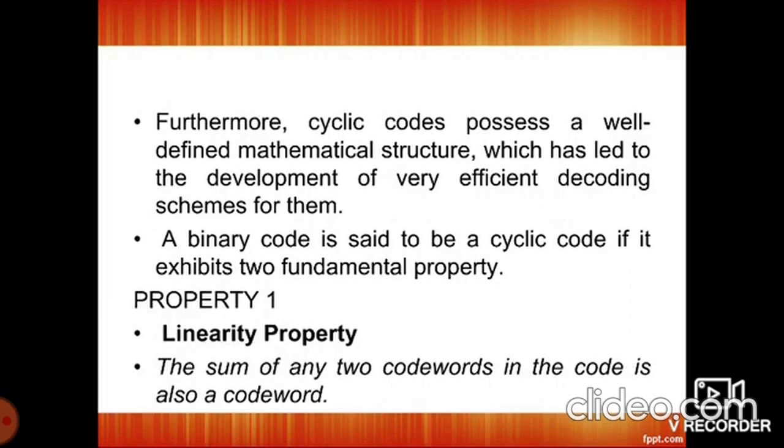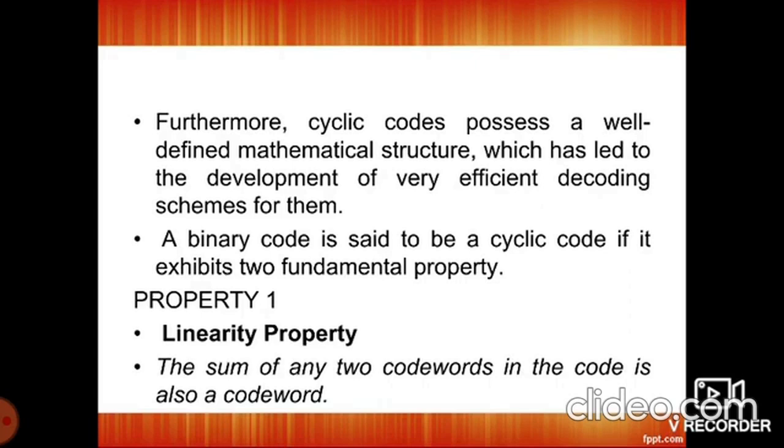Cyclic codes possess a well-defined mathematical structure, because polynomials are used here, which has led to the development of very efficient decoding schemes. We can tell that a binary code is a cyclic code when two properties, the linearity property and the cyclic property, are satisfied.